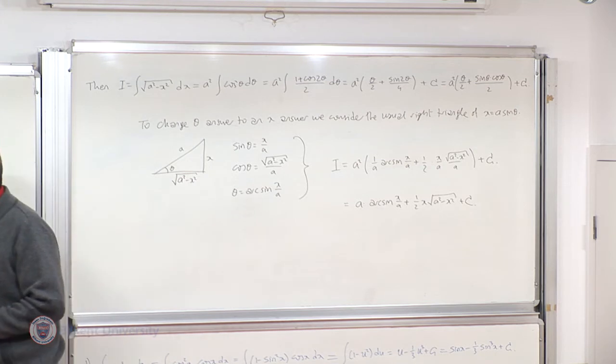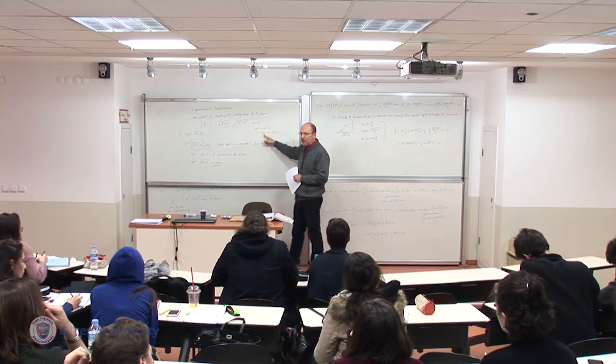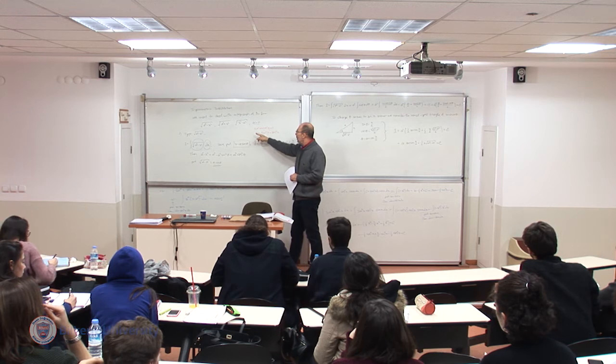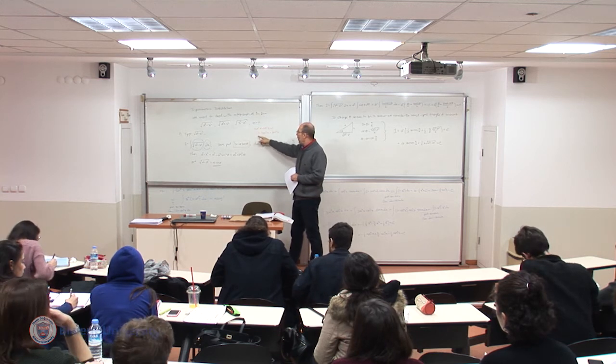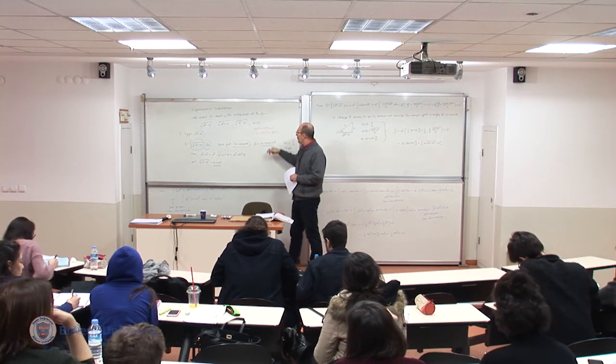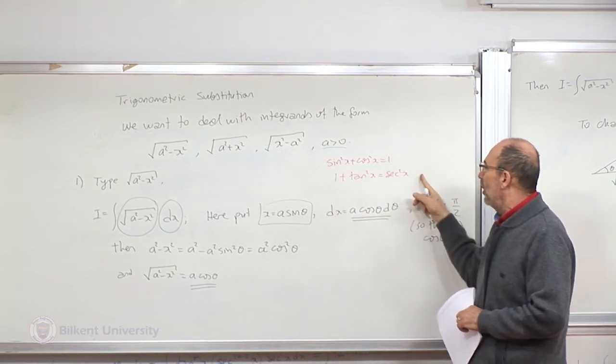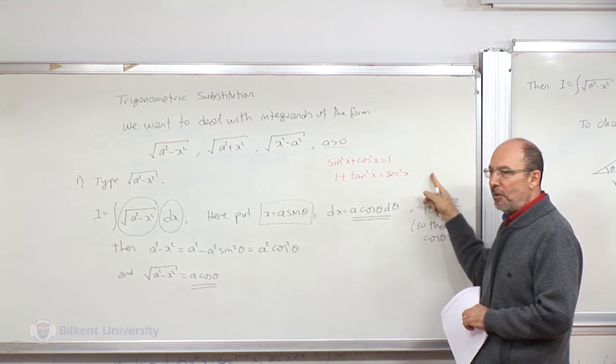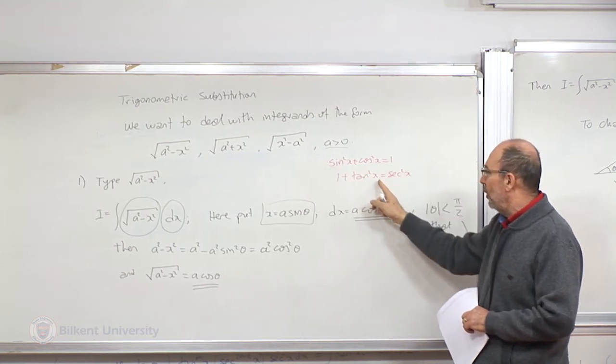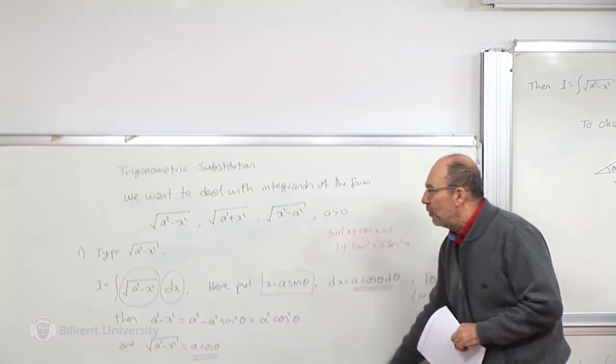For this type, you are adding, so you can look at a as 1, so we have 1 plus tangent square. And for this one, you can take 1 to the other side, you have secant square minus 1. So for the last two, we'll try this one and see if it works.